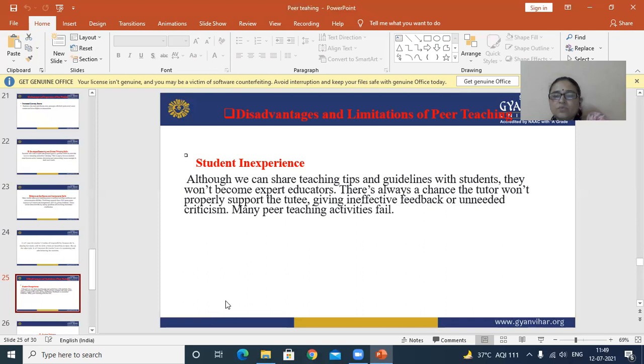So always make a group of peer teaching, one who is intelligent, who teaches the tutees.